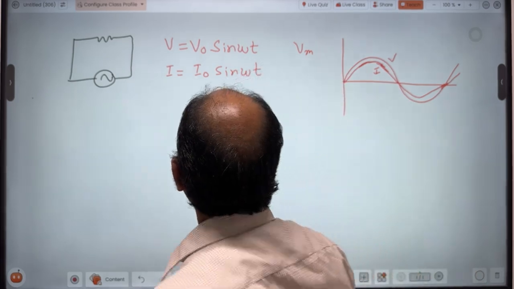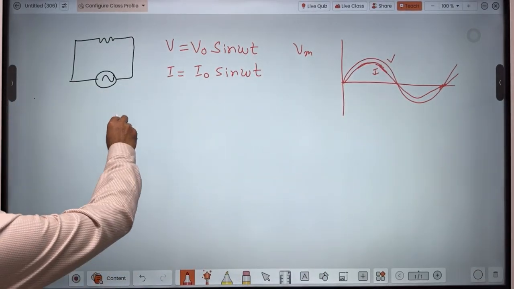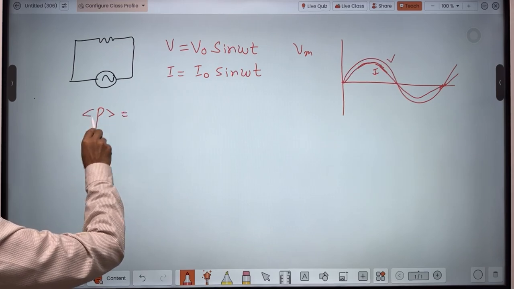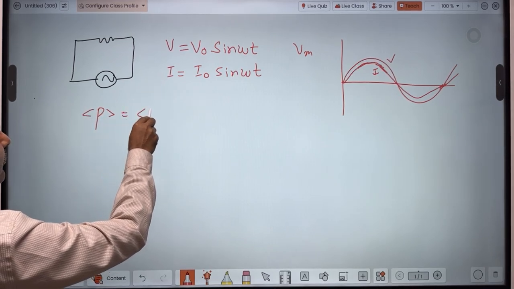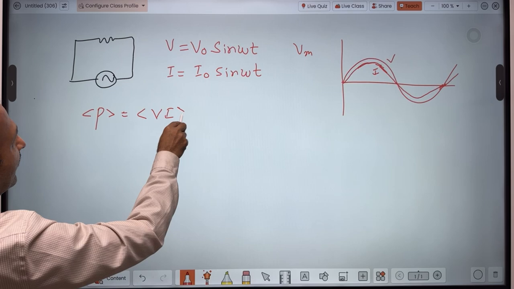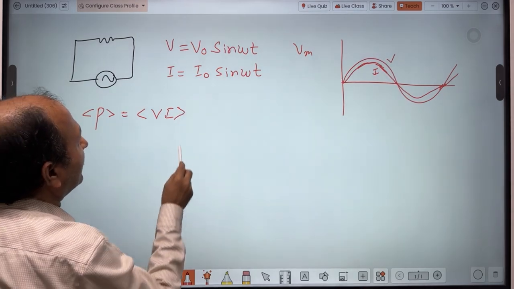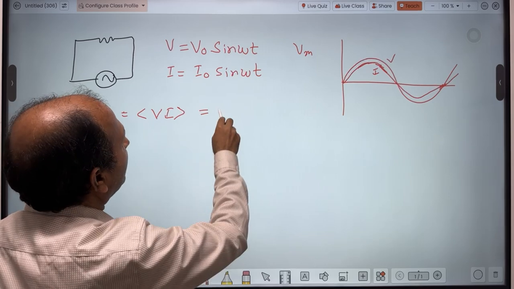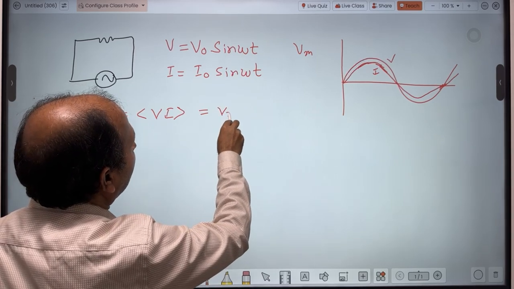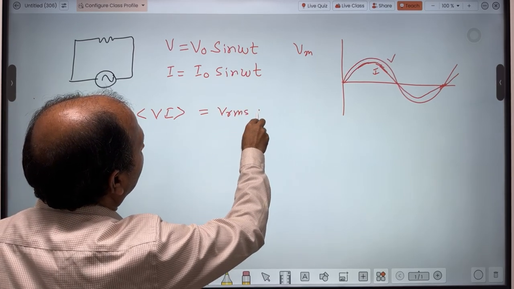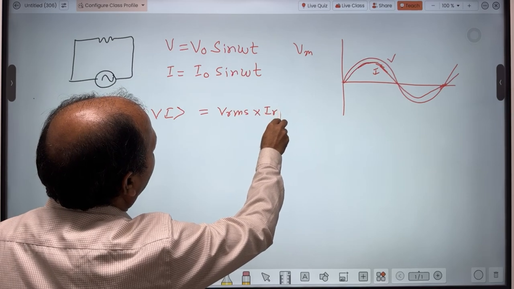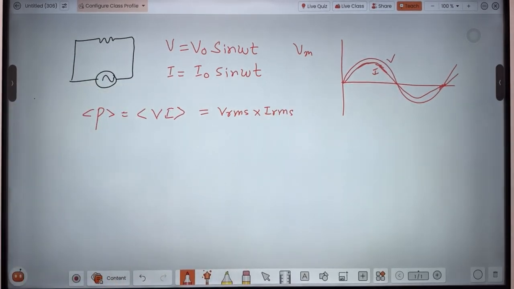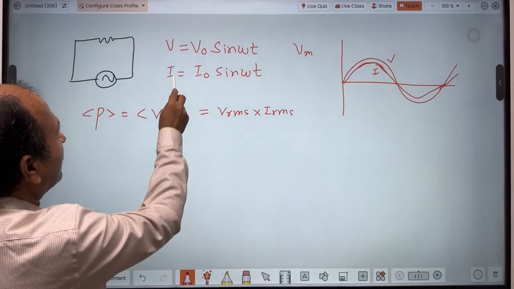Both are in same phase, and in this case, if we calculate average power consumed, if you remember, it is Vi, and then if we evaluate it further, it comes out to be Vrms into Irms. Do you remember it? I told you the concept.